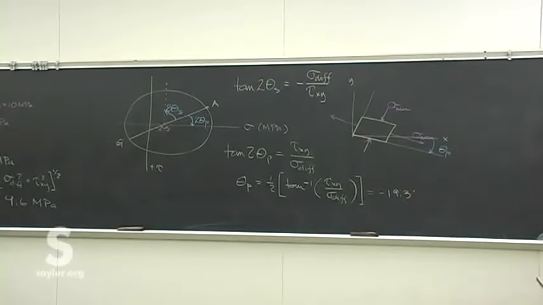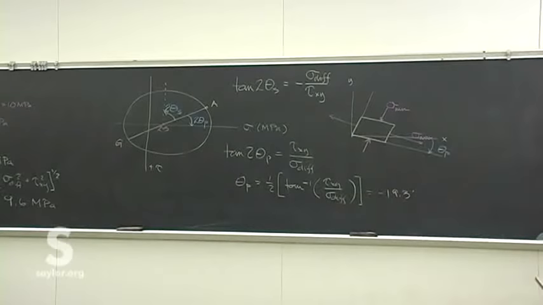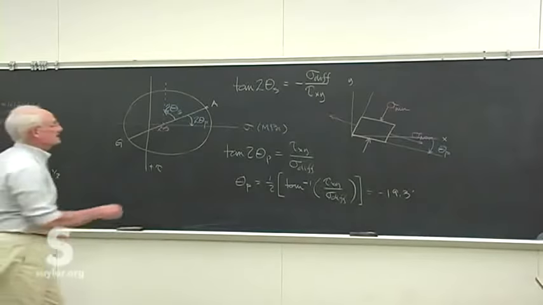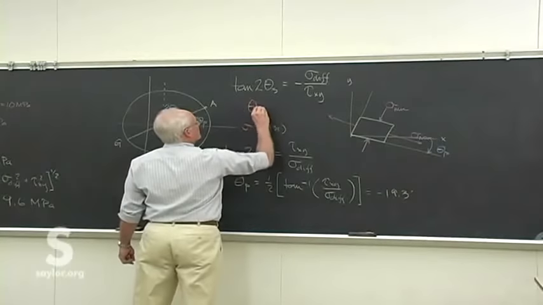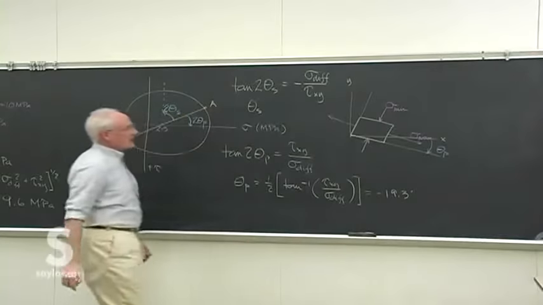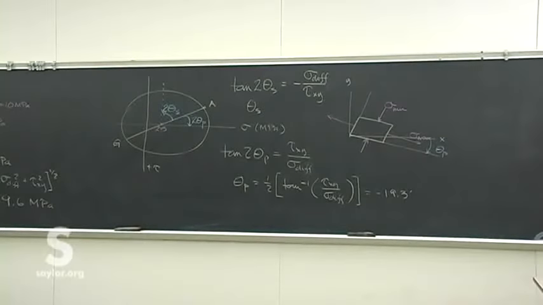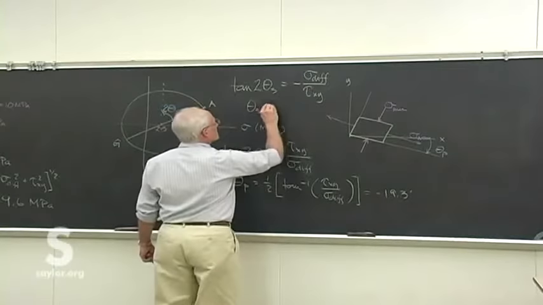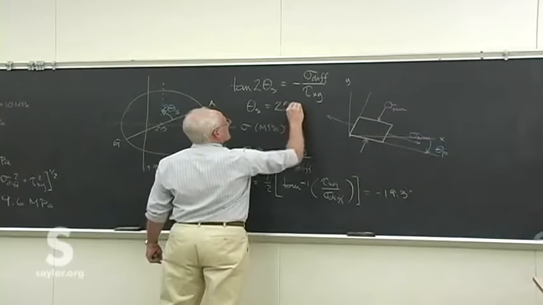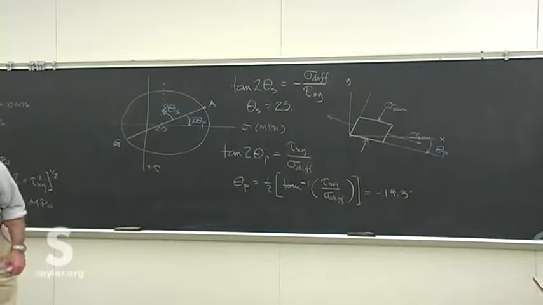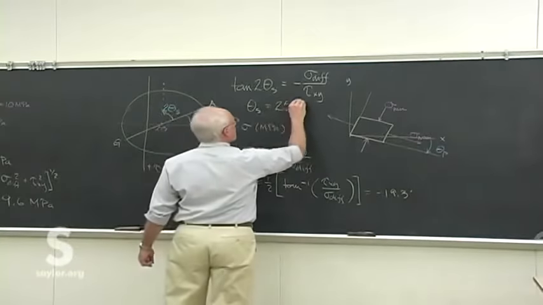Or you can take 2 theta p and subtract it from 90 and you'll get 2 theta s. Or you can take theta p and subtract it from 45 degrees because of the factor of 2 on these. So I think that comes out to be 25.7 degrees. Yeah.